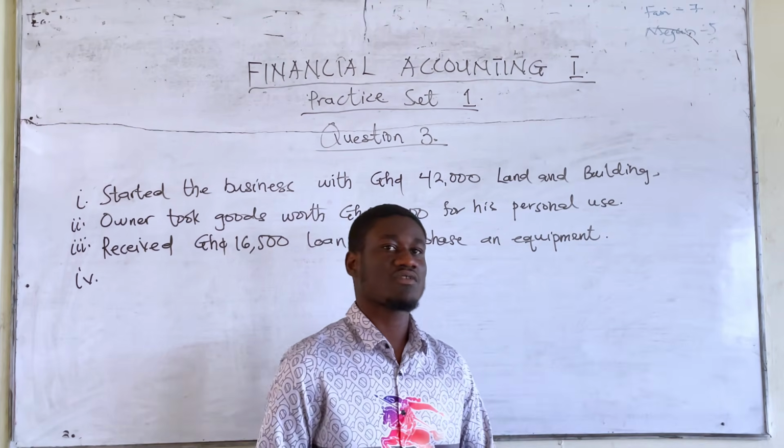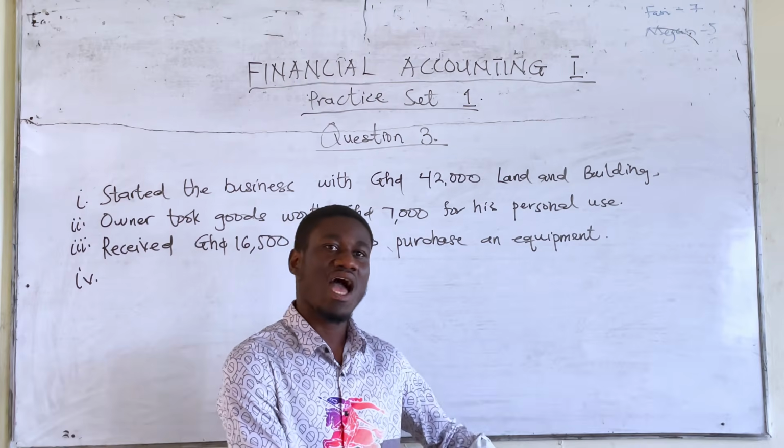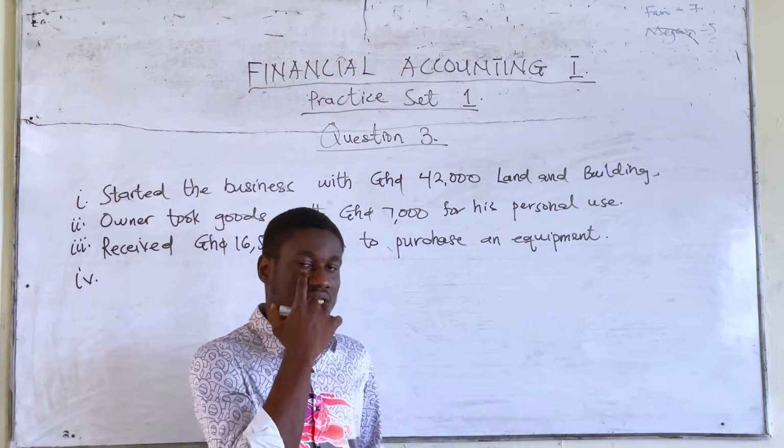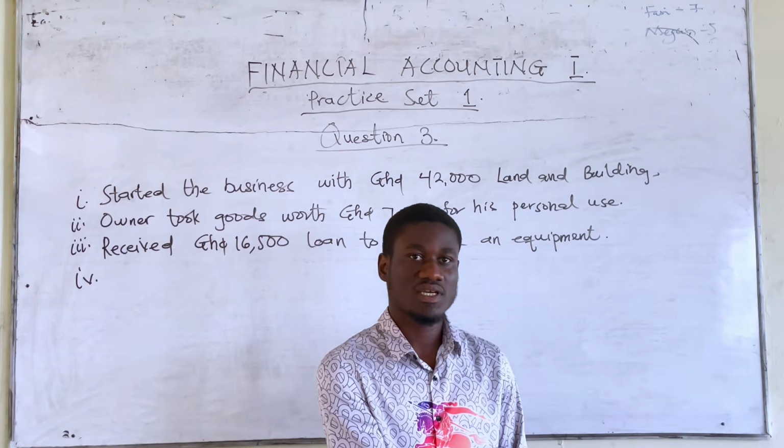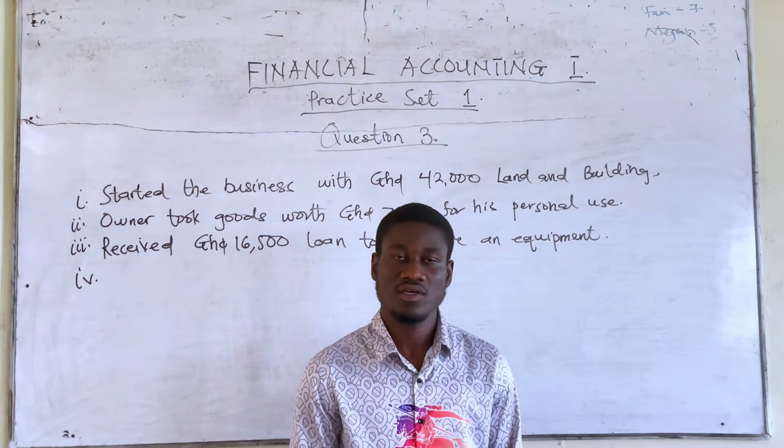Because the more we purchase from them on credit, the more goods we have, and the more we are also owing them. You get it? Because creditors are liabilities.